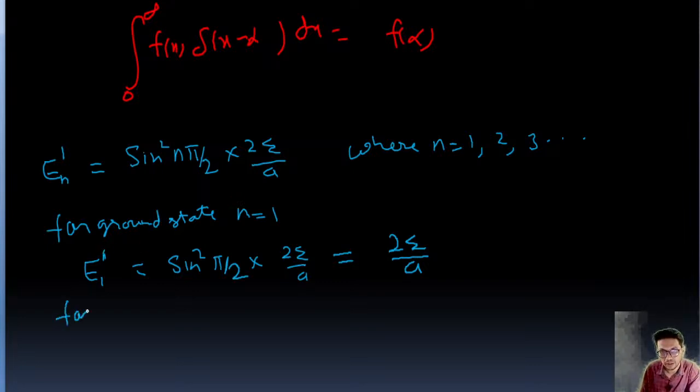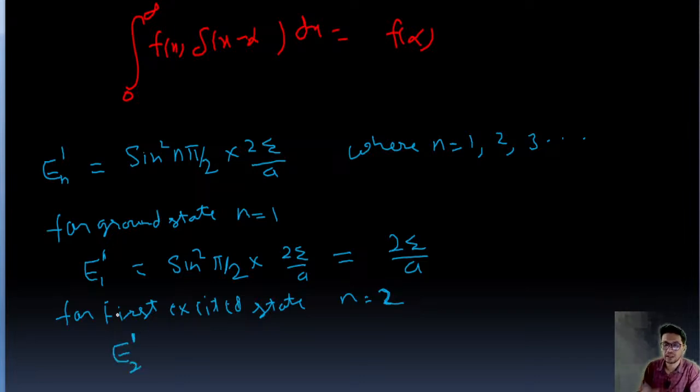Now for the first excited state, n equal to 2, right? Excited state means n equal to 2, so we'll put in that value. E_2^(1), the first order correction to the first excited state, right?